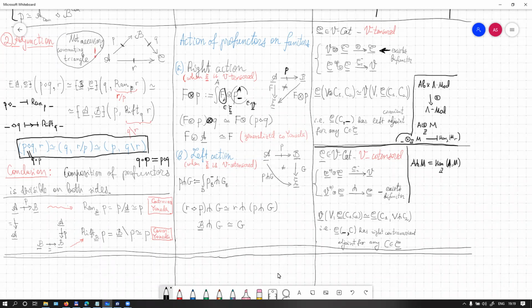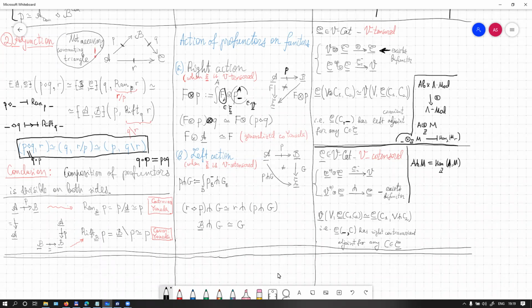So when you have a bimodule, or you have a change of rings, then one of your rings becomes a bimodule over the original ring and over itself using the homomorphism of rings, and then this right action will give you extension of scalars and so on.